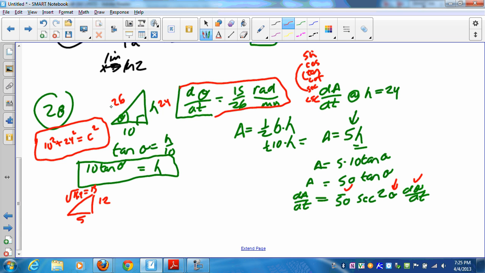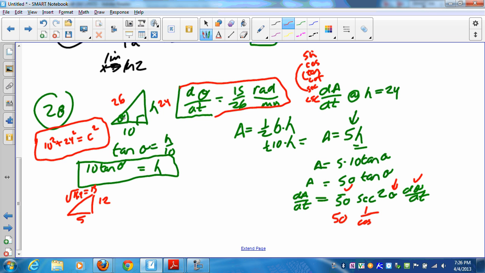So anyway, what is the secant of theta? We have 50 times 1 over cosine of what? What's cosine of this angle?